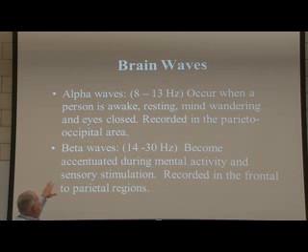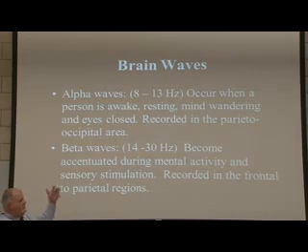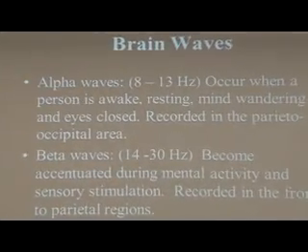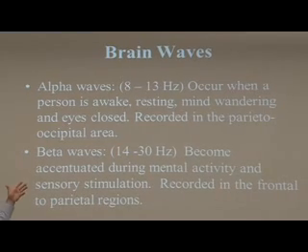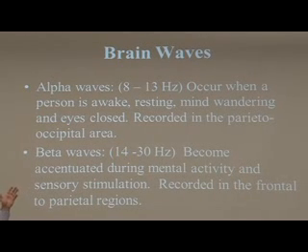So anyway, alpha waves are 8 to 10 kilohertz. That's the pattern of waves per second. And they occur in normal physiology when a person is awake, resting, mind wandering, and eyes closed. And they are usually recorded in the parietal occipital region of the brain, so toward the back area of the brain.